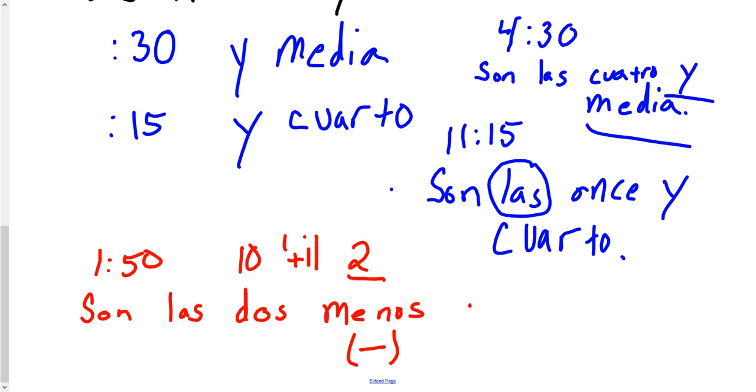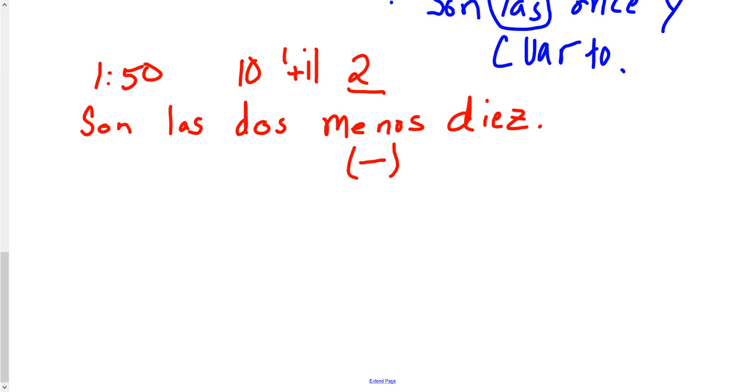Menos 10. Now, if this part confuses you, just don't use it. You should be able to read it, but don't use it. If it's confusing, don't use it. I'll do one more example, but again, it's not critical that you memorize this as long as you can understand when someone else uses it.